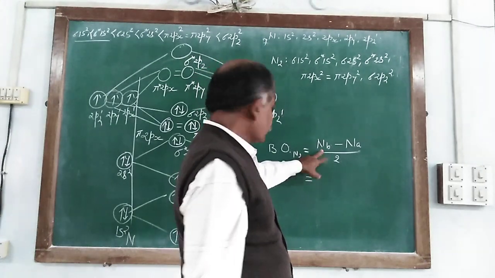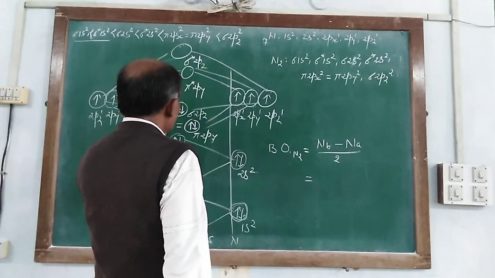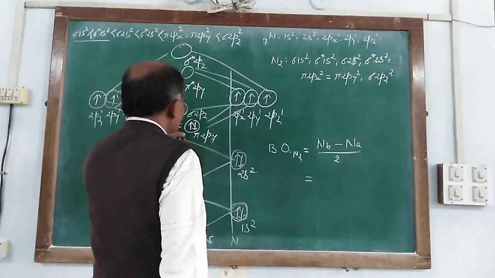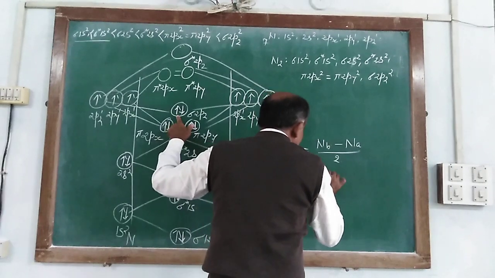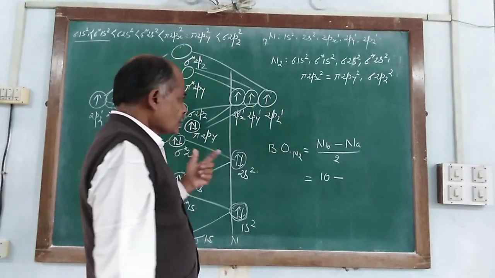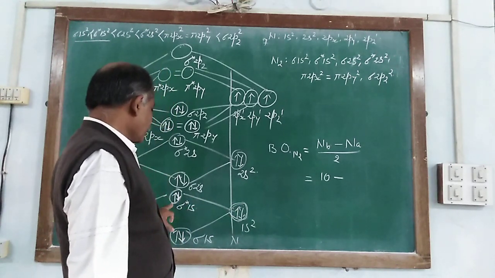So we put the value of bonding molecular electrons. So it is 2 plus 2, 4, plus 2, 6, plus 2, 8, and plus 2. So it is 10, minus the number of electrons accommodated in anti-bonding molecular orbitals.